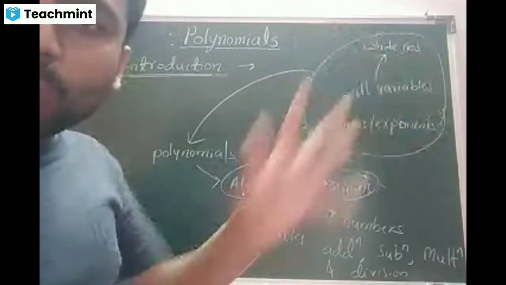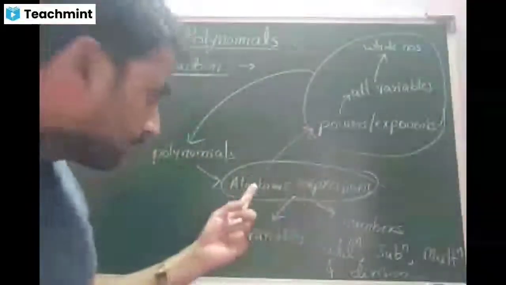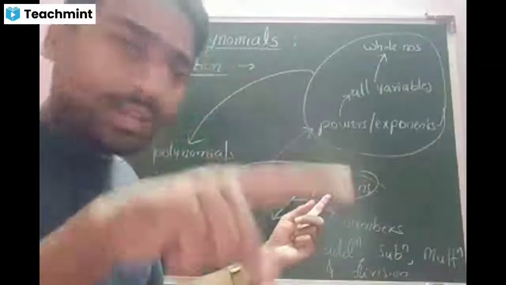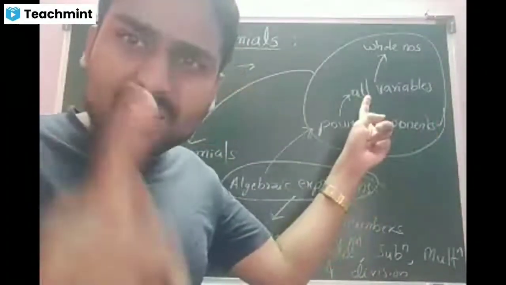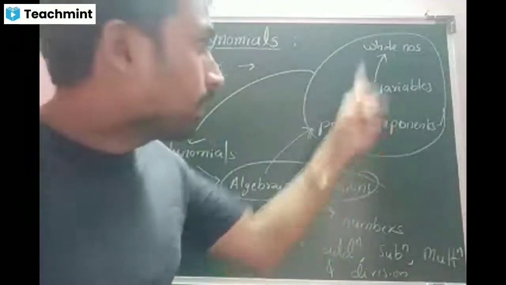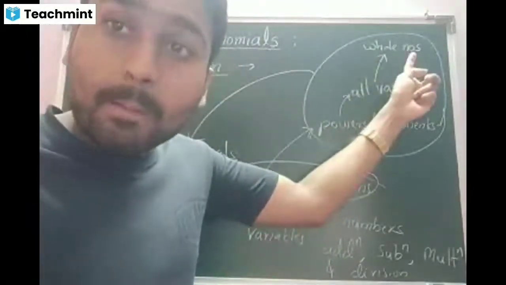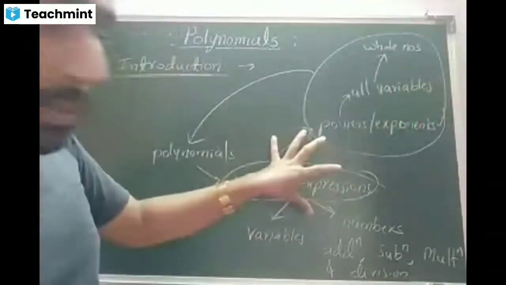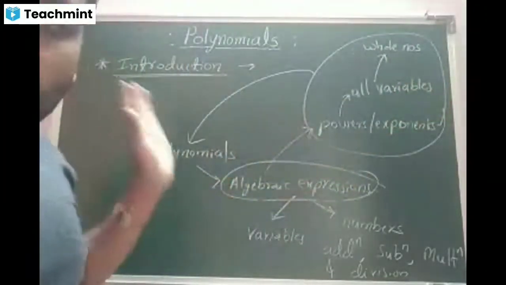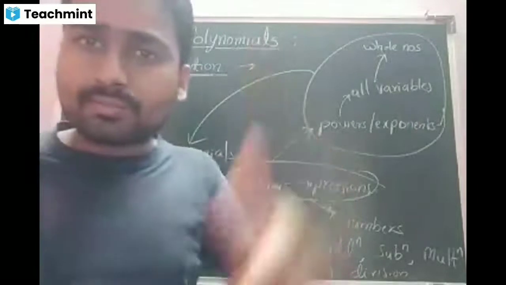Selected ones will be termed polynomials. Which are those? The algebraic expressions wherein the powers or exponents of all the variables, each and every variable, are compulsorily whole numbers every time, only those will be termed polynomials. Is that clear, students?